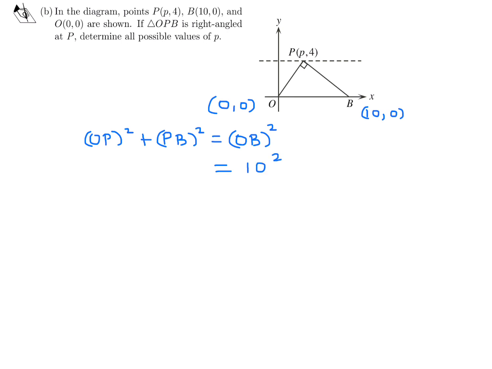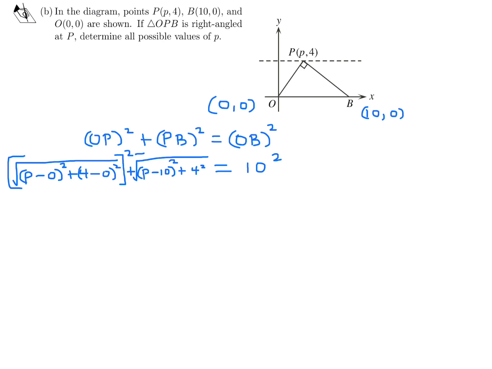OP, using the distance formula, is p minus 0 squared plus 4 minus 0 squared, all under the square root sign, but then we have to square it. And then PB, very similar, p minus 10 squared plus 4 minus 0 squared, which is just 4 squared, all under the square root sign, but then we have to square that.